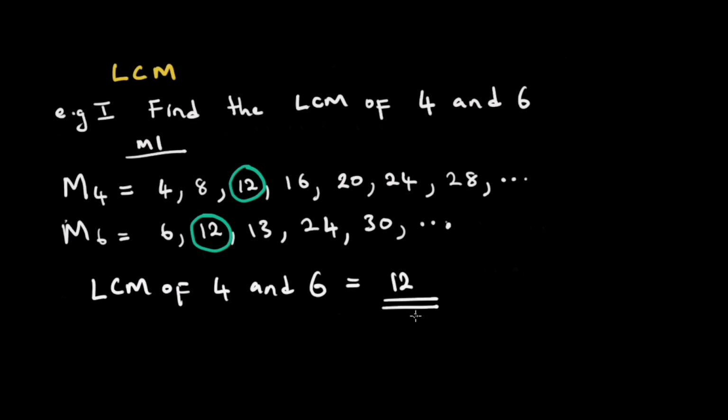In this lesson, I want to introduce method number 2, which helps us even when the numbers we are dealing with are big. The numbers in example number 1, 4 and 6, are really small numbers. So we want a method that helps when the numbers are large. This is going to be our method number 2. We want to find the lowest common multiple of 4 and 6.